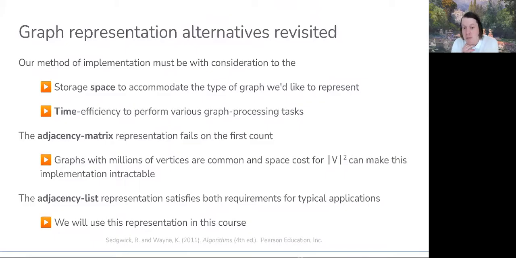Likewise, graphs with millions of vertices are common, and the space cost is V times V, so maybe 4 million times 4 million, which almost makes this implementation intractable. And again, by this implementation, I'm talking about the adjacency matrix representation.